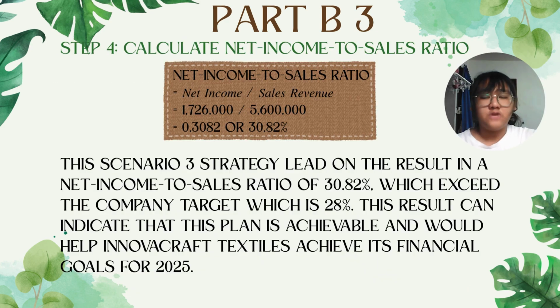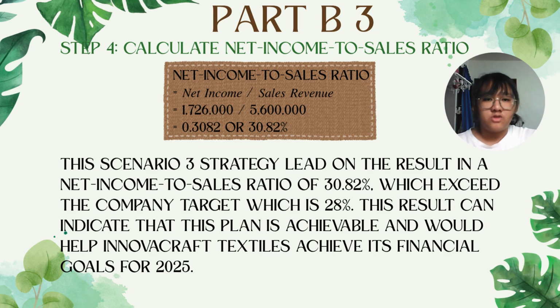And step 4, which is the last step, is to calculate the new net income to sales ratio, where we use the net income, which is 1,726,000 ringgit, divided by sales revenue, which is 5,600,000 ringgit, and we will get 0.3082, or equal to 13.82%.